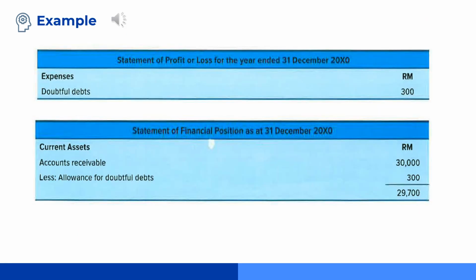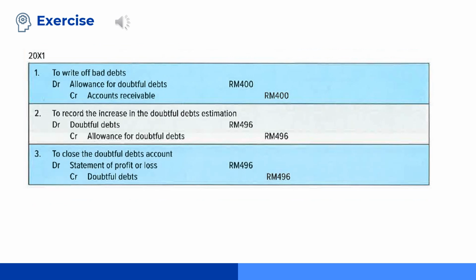In 20x0, the doubtful debts expense should be recorded in the statement of profit or loss, whereas the allowance for doubtful debts, balance CD, should be recorded as a contra account for account receivable in the statement of financial position. This is the journal entry for 20x1.